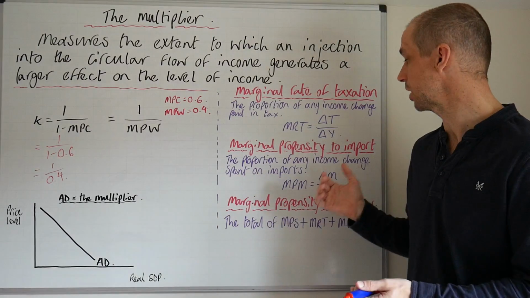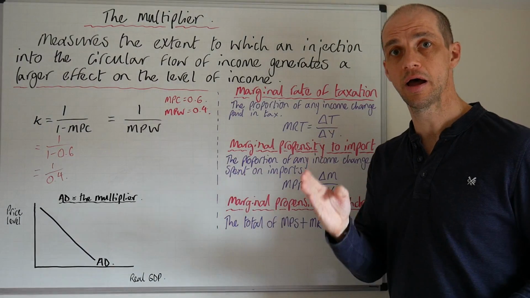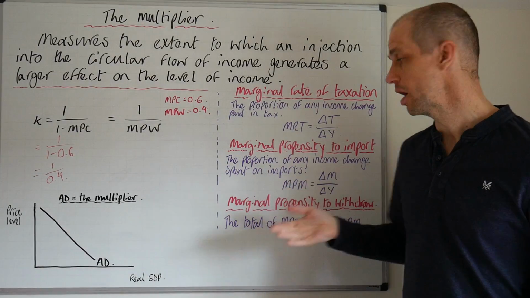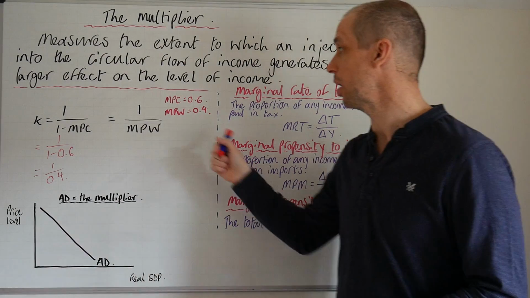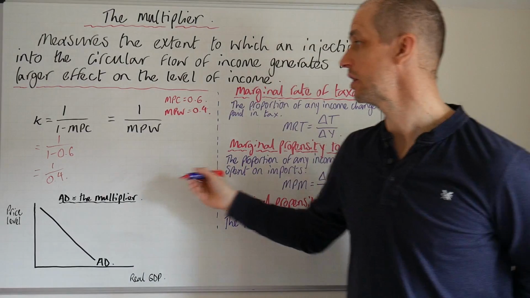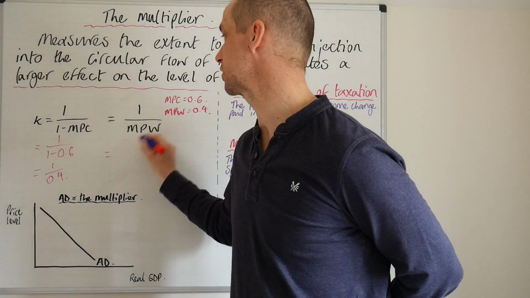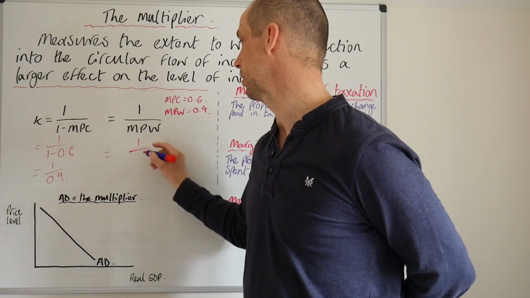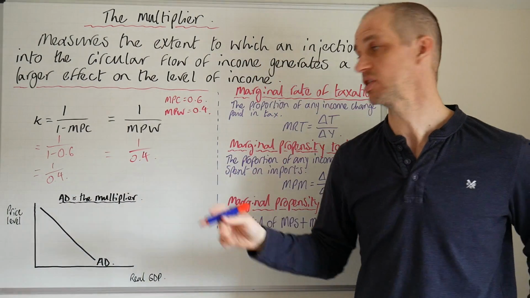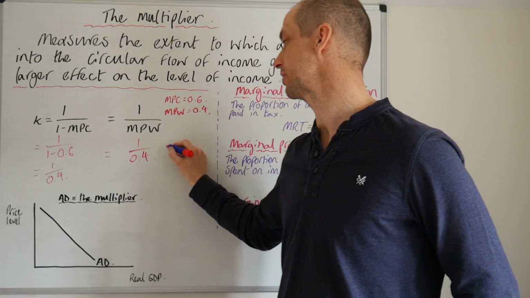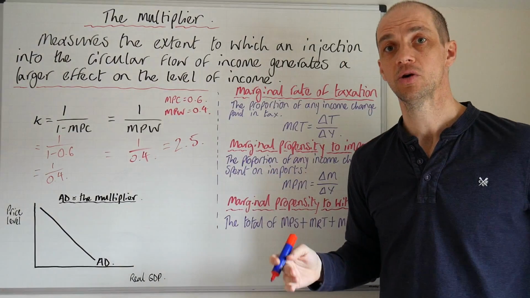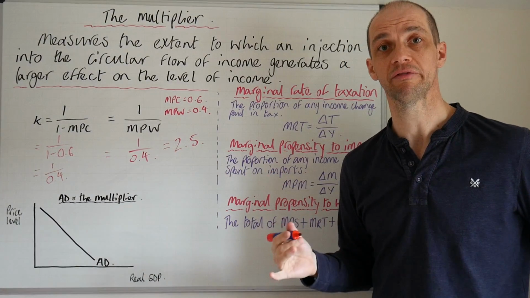Some of it has gone to withdrawals, be it tax, savings or imports, but some of it is being consumed, and that is at a rate of 0.6. So we end up with 1 over 0.4, exactly the same philosophy here, and a multiplier which would equal 2.5.